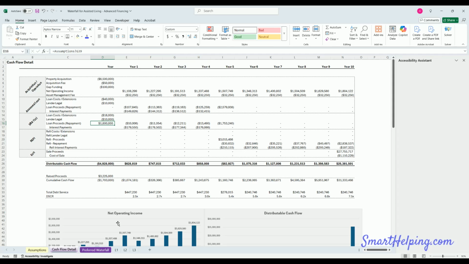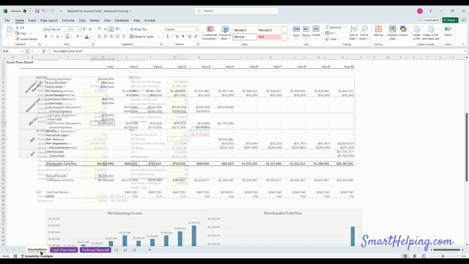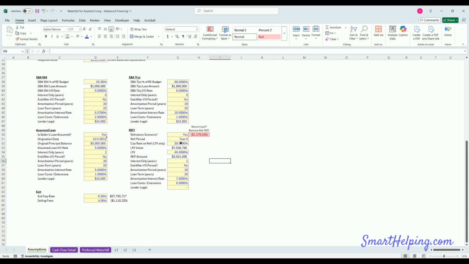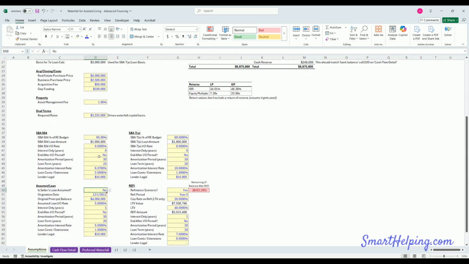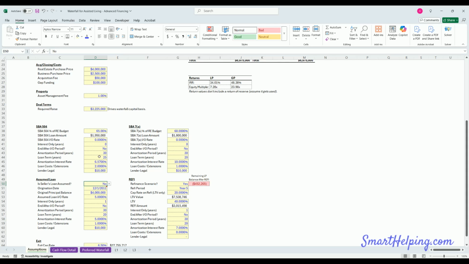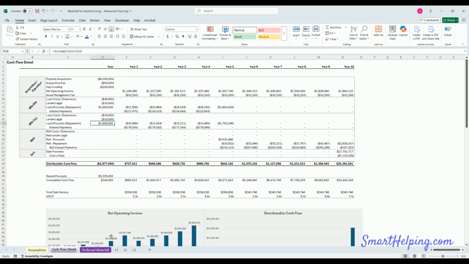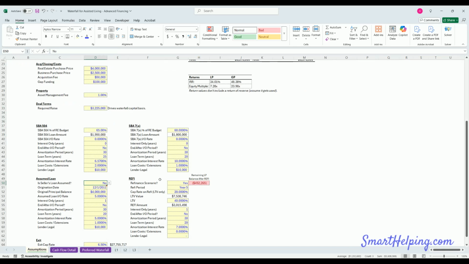Still not enough to repay. I just want to do a scenario where we've got enough. Let's do no here. What else did I change? Here you still got 3.63. Let's put the cap rate a little bit lower, 15%.